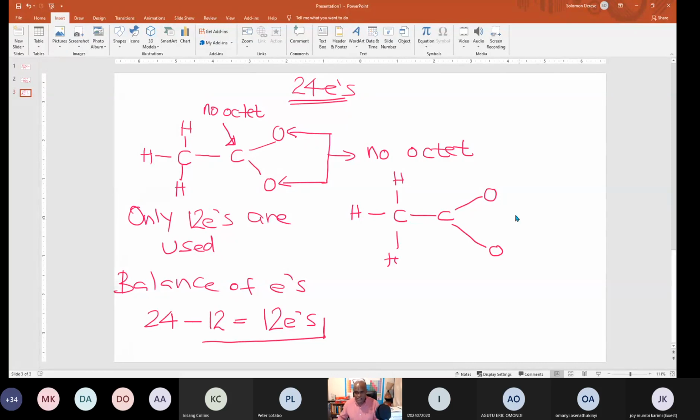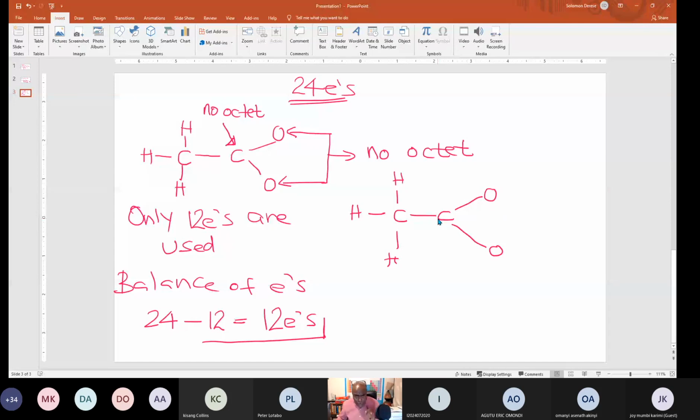Neither the 2 oxygens nor the carbon that's attached to these oxygens has an octet of electrons, but we have these additional 12 electrons. Now we will use these additional 12 electrons to fulfill the octets of the oxygens and the carbon.